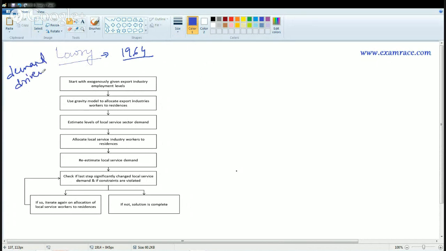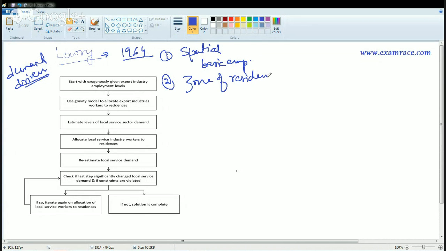Since it is demand driven, we can say that it is affected by two phenomena. The first is the spatial interaction between basic employment, and second is the zone of residence. These two things were the founding blocks of Lowry's model. So you start with exogenously given export industries for employment.